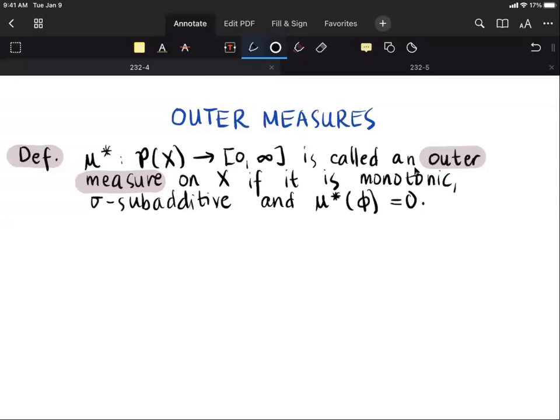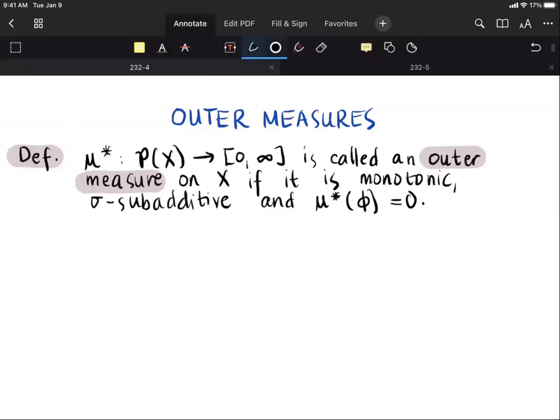A function mu star defined on the power set of X to the set of non-negative extended real numbers, 0 to infinity, including 0 and infinity, will be called an outer measure on X if it satisfies these three properties: it is monotonic, sigma subadditive, and the outer measure of the empty set is 0.